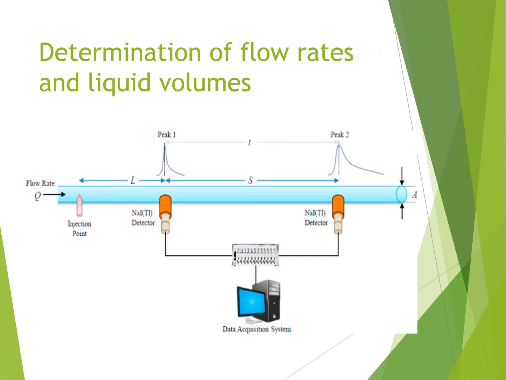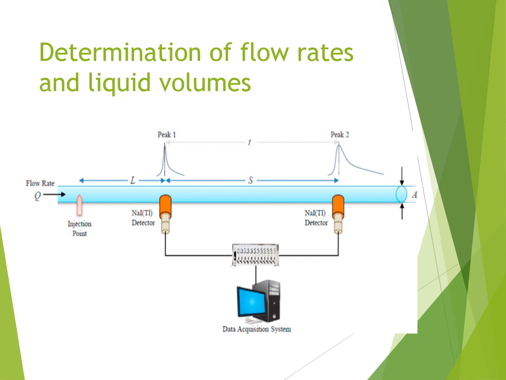So here is the diagrammatic illustration of determination of flow rates and liquid volumes by using the radiotracer. Here a computer is being attached along with the flowing of the radiotracer component. When the radiotracer flows, it will detect the flow rate of the components that are moving along with it.